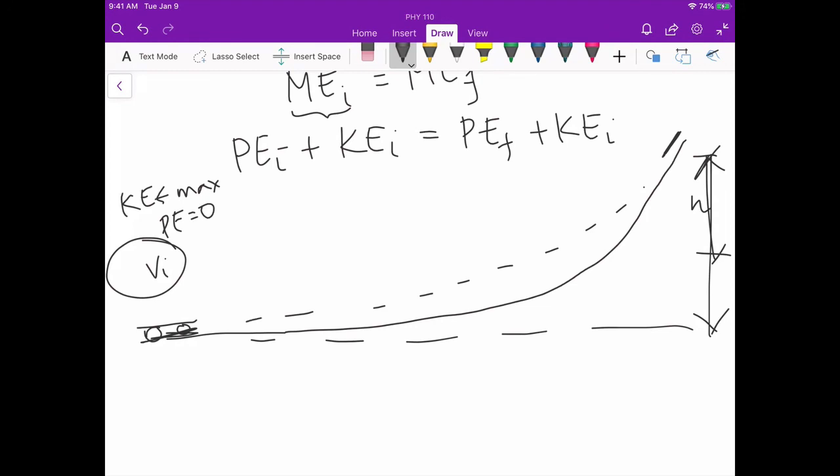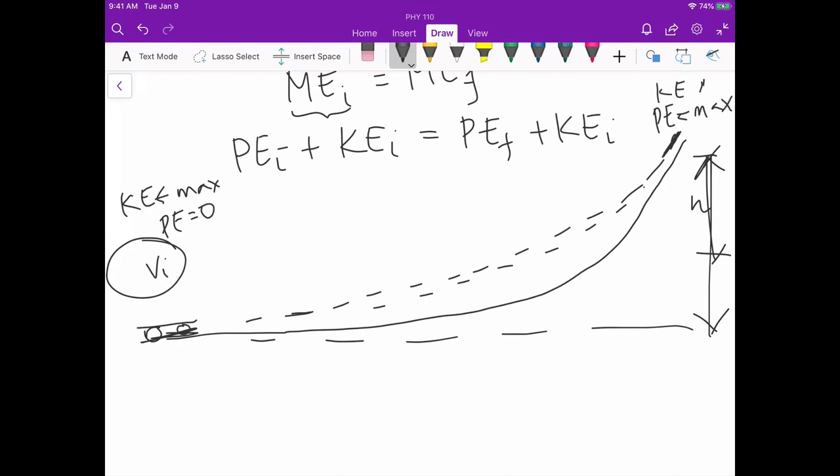But as he climbs up here, what happens to the potential energy? Now potential energy is max. His kinetic energy is now zero.